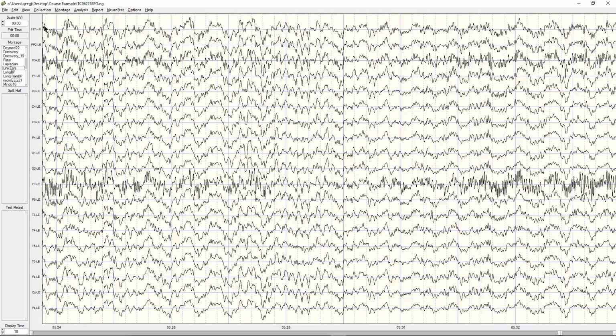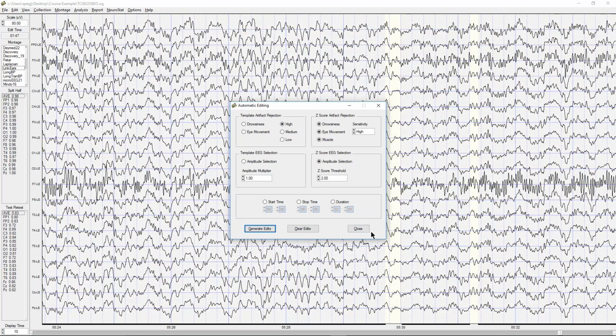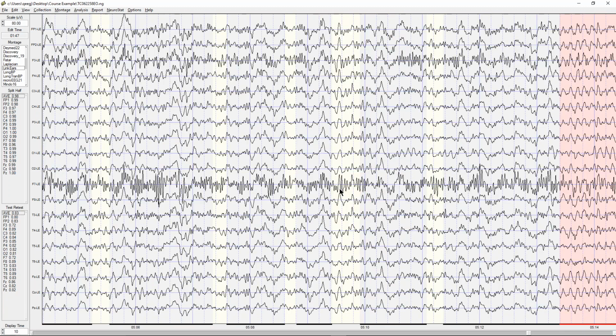So let's just use the automatic method for editing, just to get some data. And so it's picked out some data, but it's not really clean data.